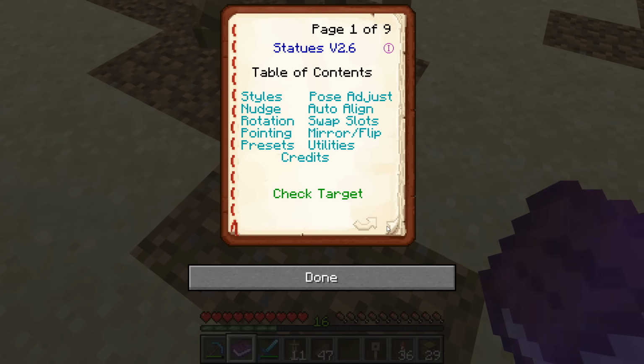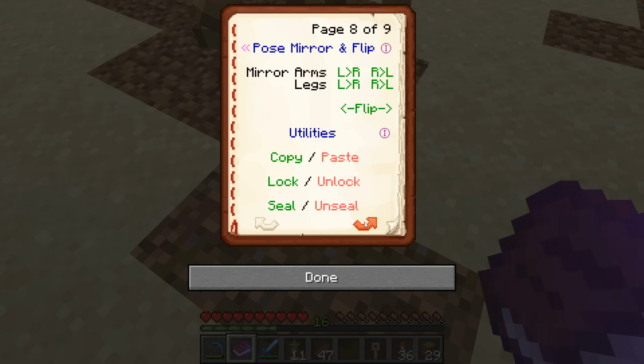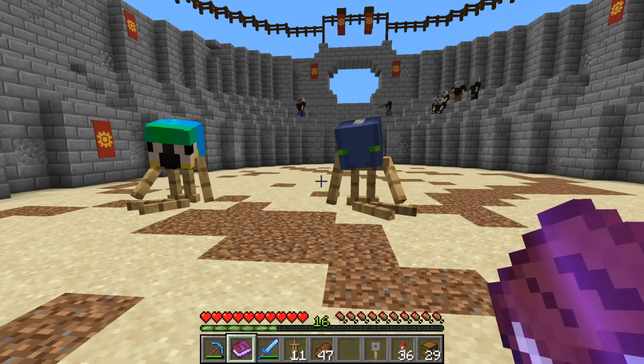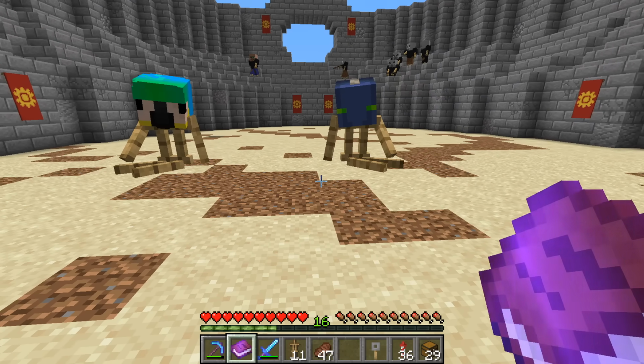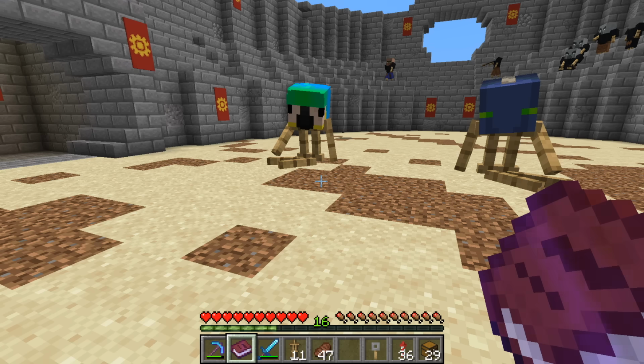And on this one, if I really, really wanted to, I can make it slightly different and flip it. That's what the copy and paste function is. Now, the paste function doesn't work, obviously, over logins. But also what you need to be very aware of is you can't copy locked armor stands.